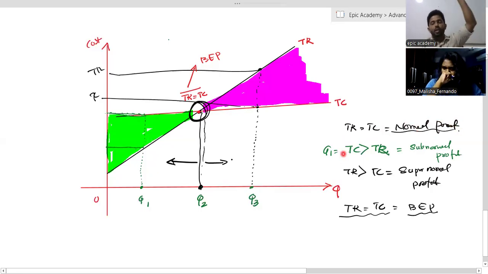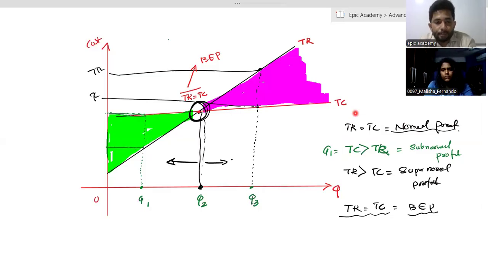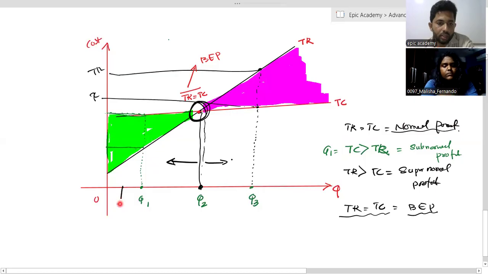If you identify the break-even point of the organization, it is very valuable to identify the profitability. So as an example, you are producing at that point, you try to increase the production one by one. And again, the loss or subnormal profit is reducing. At that point, I mean Q2, your total revenue is exactly equal to total cost. That means this is the break-even point.